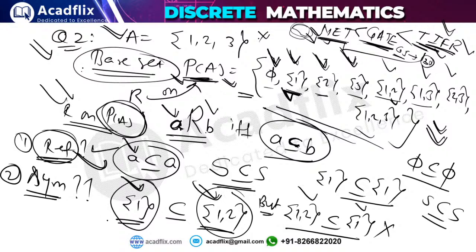So the symmetry property is violated. Are you getting my point? This element is related to this element, but this element is not related to this.